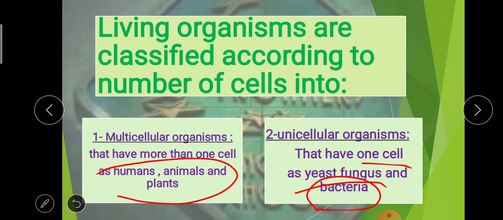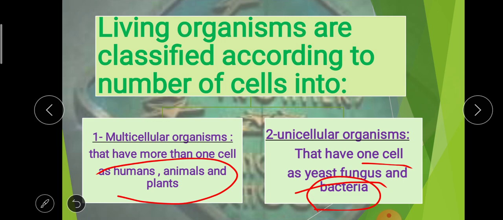But multicellular organisms such as humans, animals, and plants, we can see them with the naked eye because they have a lot of cells, more than millions or billions of cells.